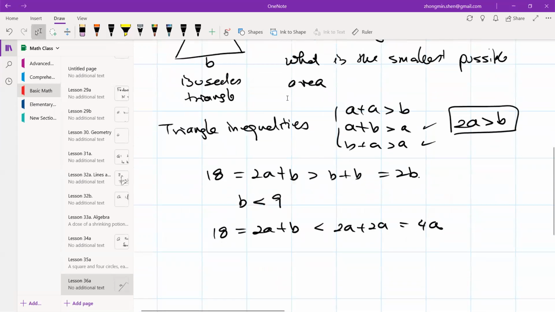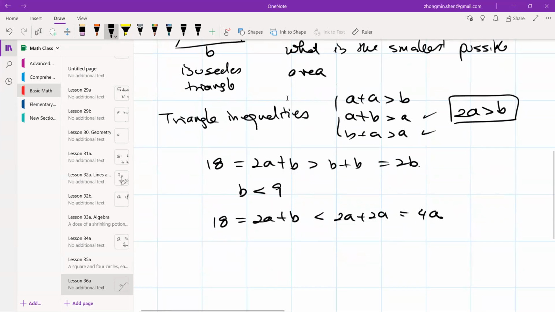Dividing both sides by 4, 18 over 4 is 4.5, so A is greater than 4.5. B is a positive value from 1 to 8, which implies A is going to be 5, 6, 7, but it cannot be too large.